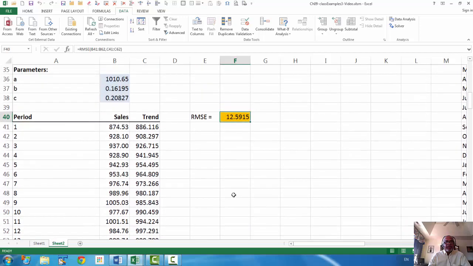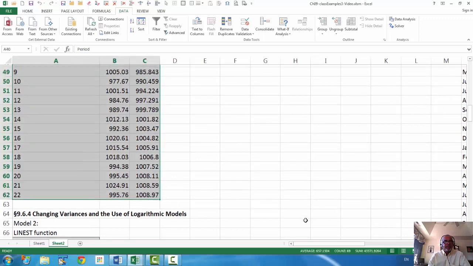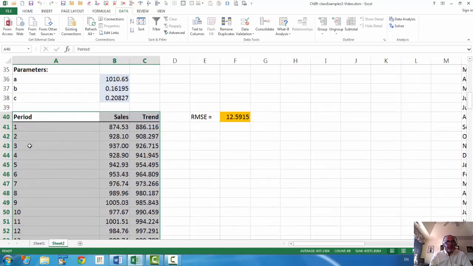Now we can plot the sales and the trend and see how they match with each other. So let's do it this way. That's going to be our x-axis, and then sales will be one line and trend will be another line.